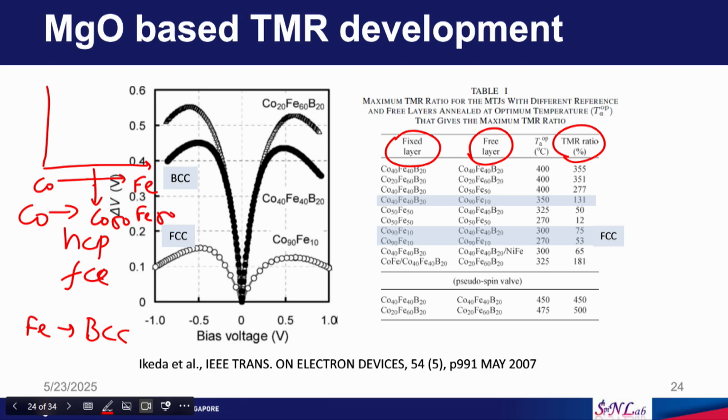Okay, so, depending on the relative composition, there will be some region where when the iron is lower, let us say cobalt is 85, iron is only 15. Until this region, this will be FCC, and beyond this region we will have BCC. Okay. So, depending on the ratio of cobalt and iron, you may end up having BCC structure or FCC structure.